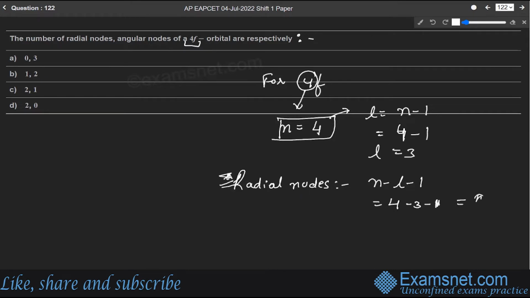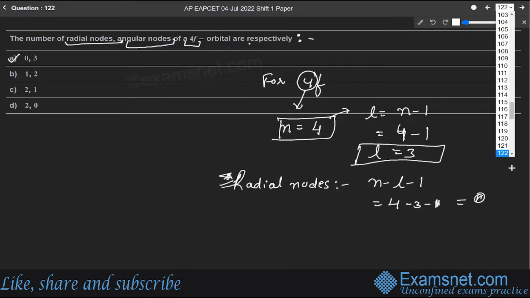So they're asking the number of radial nodes, which is 0, and angular nodes. Angular nodes are basically l, so that's 3. So option number A correctly matches the question. So very easy question again.